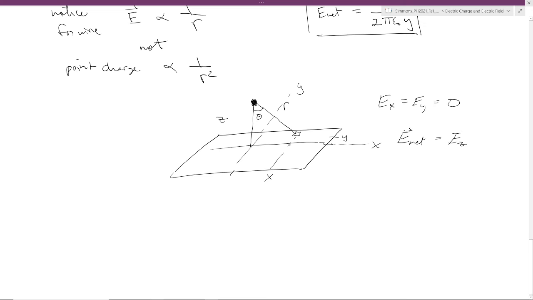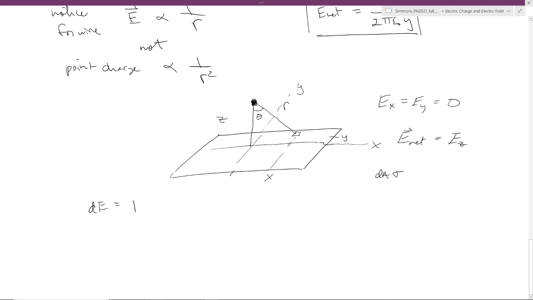So we need our little differential electric field contribution. It's the same sort of setup. Oh, I forgot one piece of information. So instead of multiplying lambda times the length, in this case, we would need a little differential area, and the area charge density is usually called sigma.